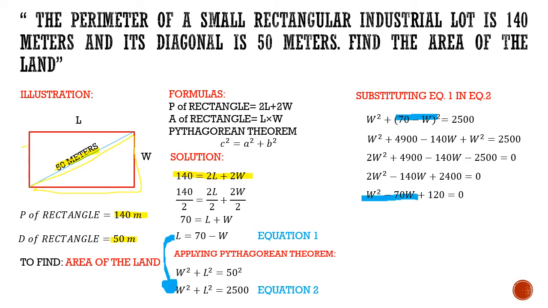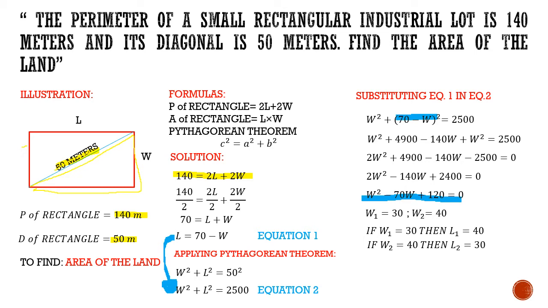So, as we all know, we have the quadratic equation. So, para makuha natin yung roots, alam naman natin, pwede tayong gumamit ng quadratic formula and pwede rin naman natin siyang i-factor kung factorable siya. So, for our solution, finactor natin siya, we get 30 and 40 as the roots. So, if ginamit daw natin yung W1 na 30, then yung length 1 natin is equal to 40.